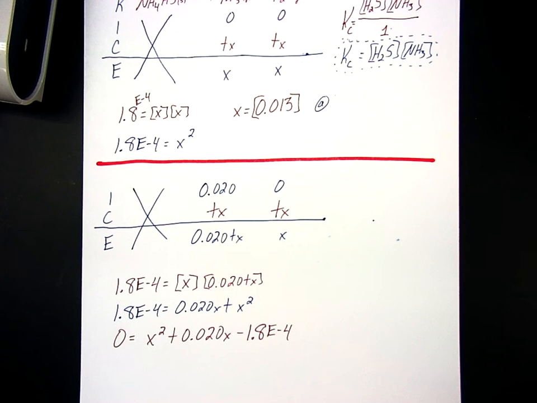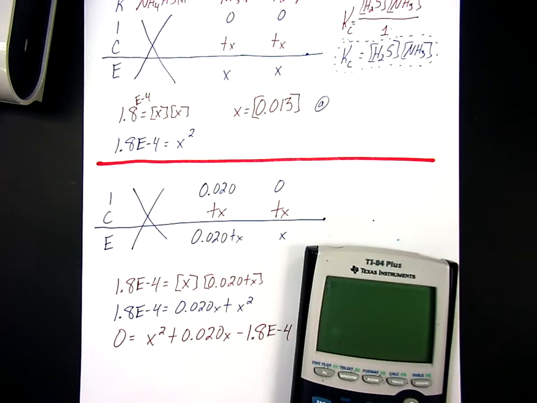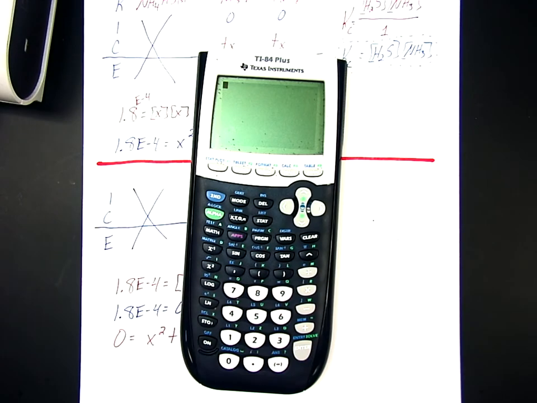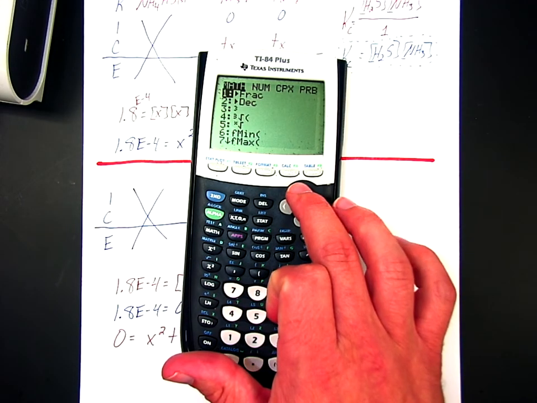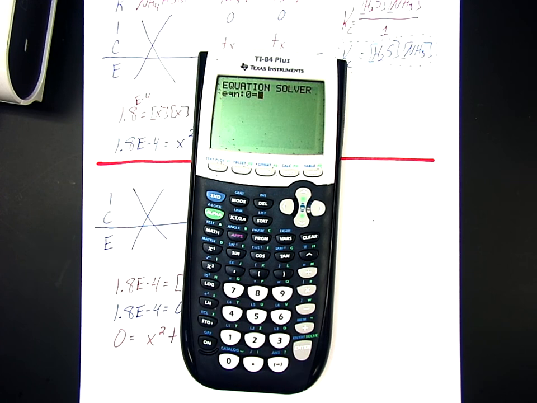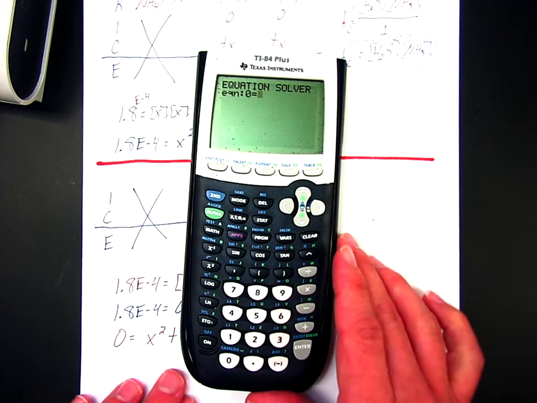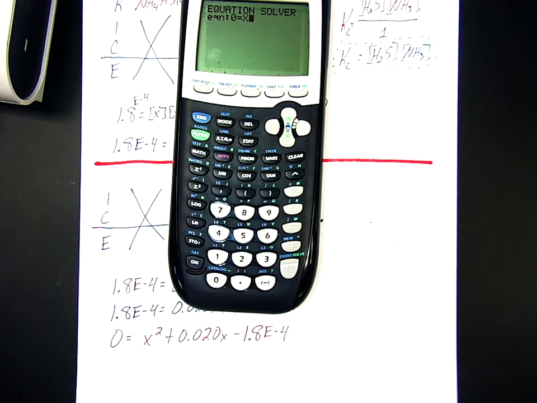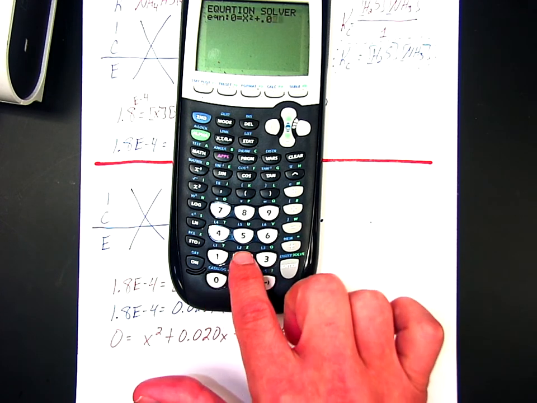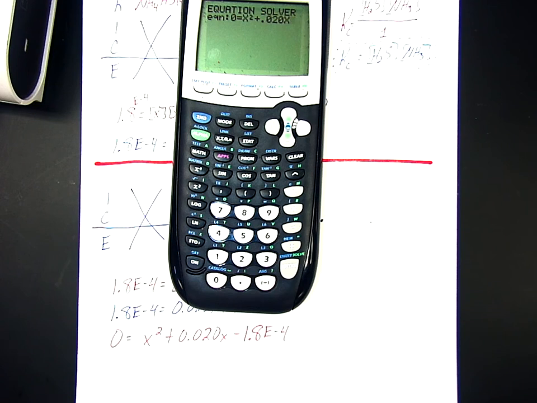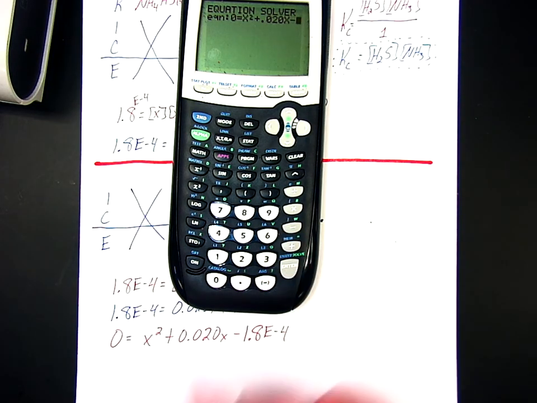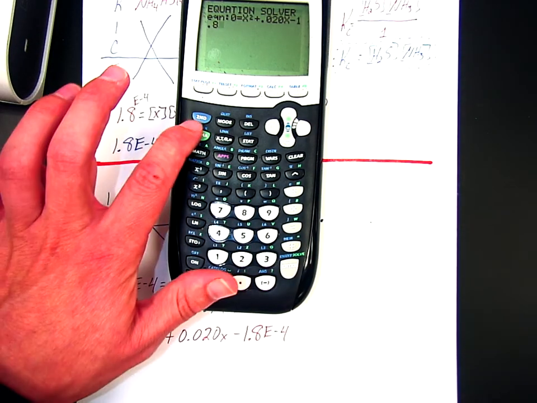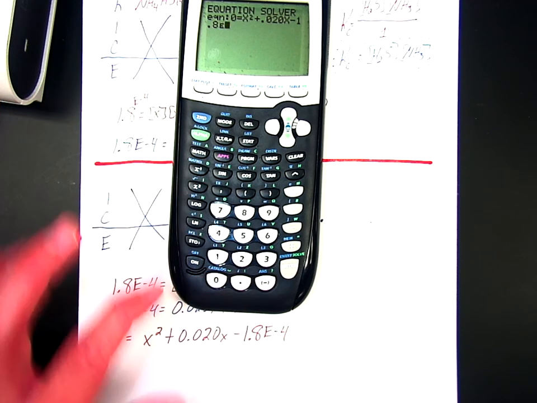All right, so let's go for that. If we remember what to push here, we're going to go Math and then go down. I cheat by going up, but go to Solver. There's my 0 equals. So I'm following right down here: 0 equals alpha to get to the X, and then squared, plus 0.02 alpha to get to the X again, minus 1.8 E negative 4.